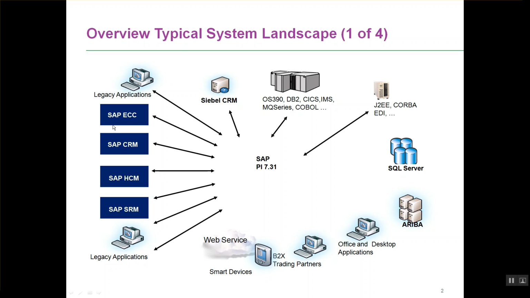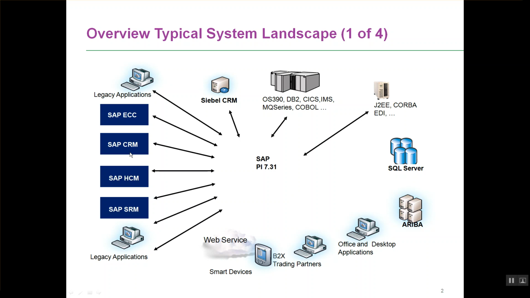So in a typical customer landscape, you would have multiple different types of applications. You will have SAP applications, you would have non-SAP applications. So you can have an SAP ECC, an SAP CRM, an SAP HCM, an SAP supplier relationship management for vendor management, SAP HCM for human capital management or your employee payroll management.